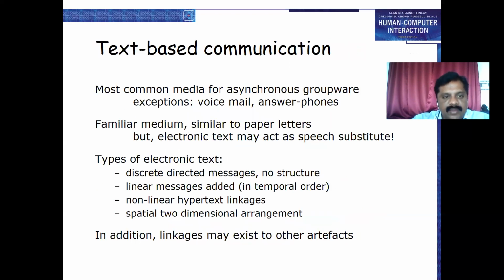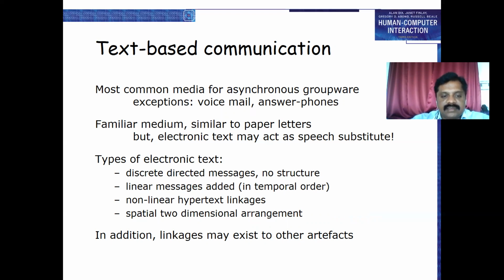Next, text-based communication, the most common medium for asynchronous groups, exceptions being voicemail and answering machines. It is a familiar medium similar to a paper letter, but electronic text may act as a speech substitute.